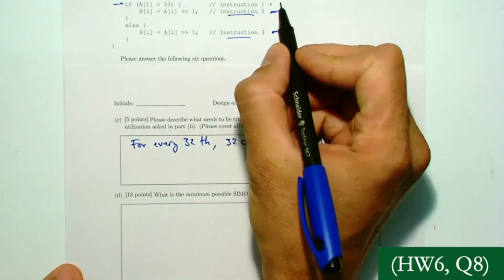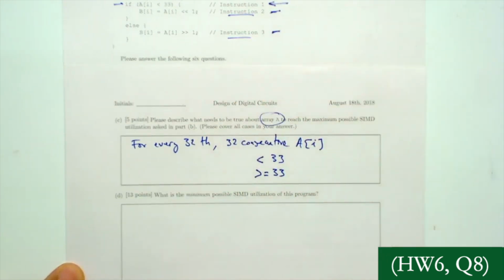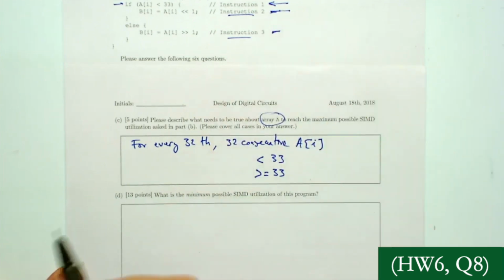Well, we already know that instruction 1 is always going to be executed by all threads, so we are always going to have 100% or 1,025 divided by 1,056 utilization for this instruction. And then what we need is that within each warp, we have divergence. So some of the threads of the warp will execute instruction 2, while others will execute instruction 3.